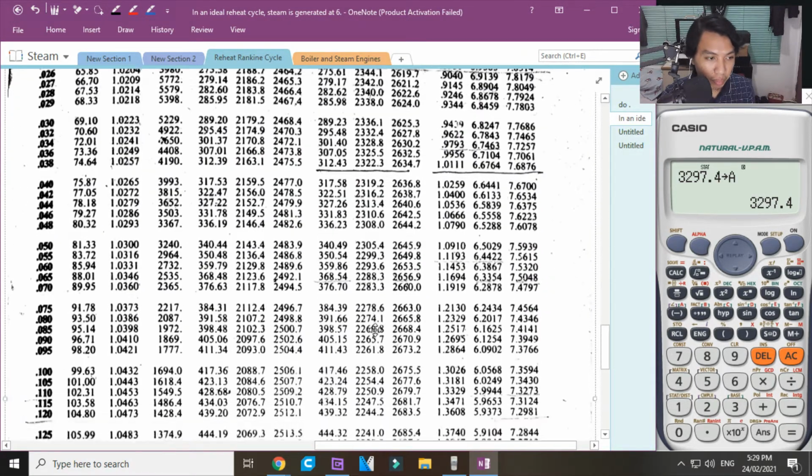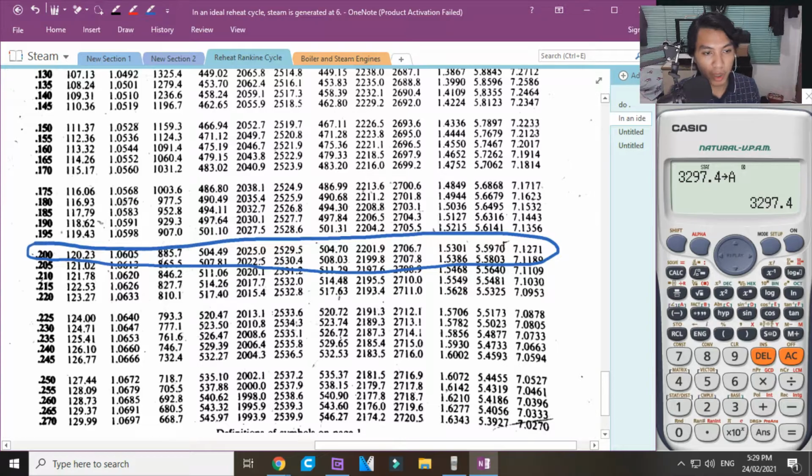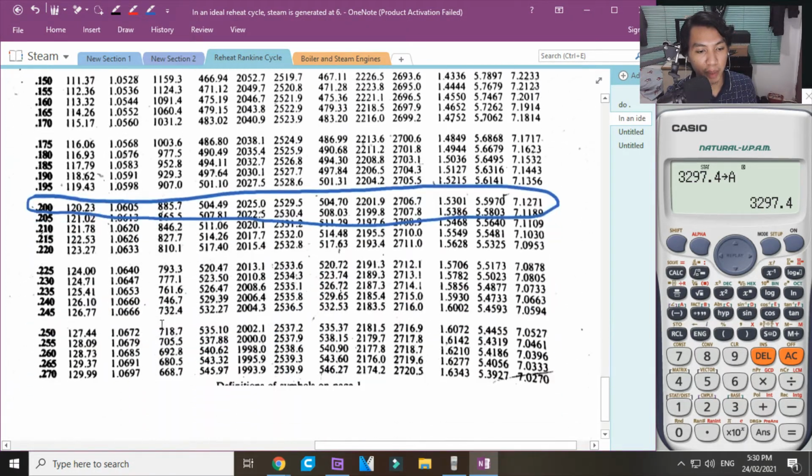Ayan. 0.02. Ayun. Ano po ba nga hanapin natin dito? Ang kailangan natin is HF. Okay? HF, HFG, SF, SFG, tsaka yung VF. Yung limang points na yan.